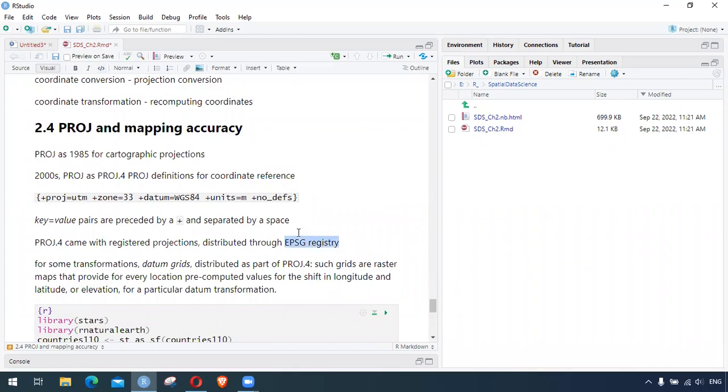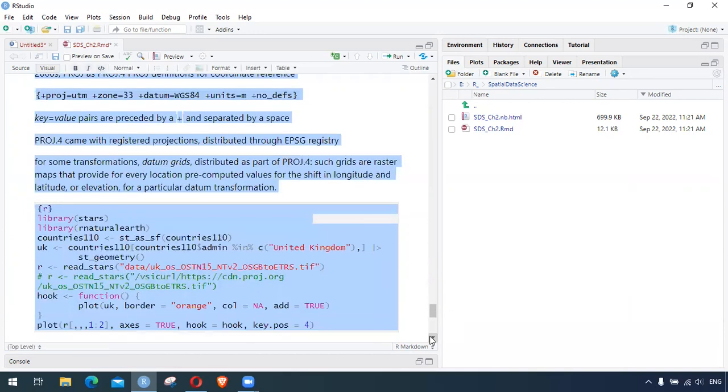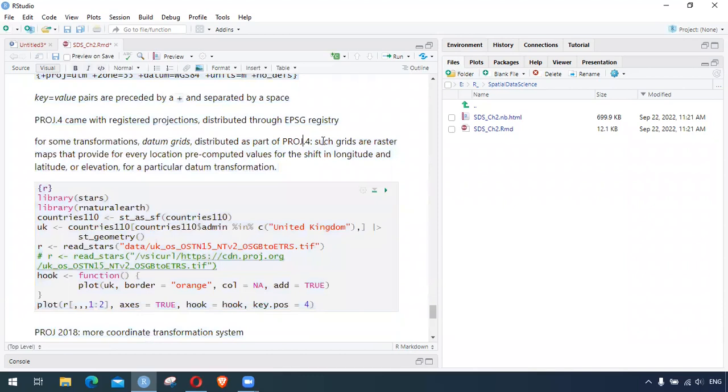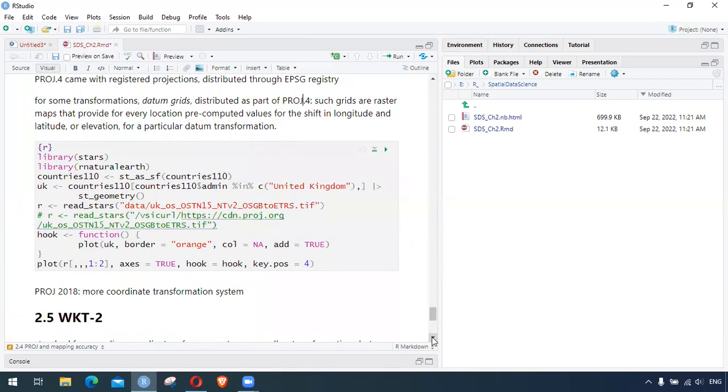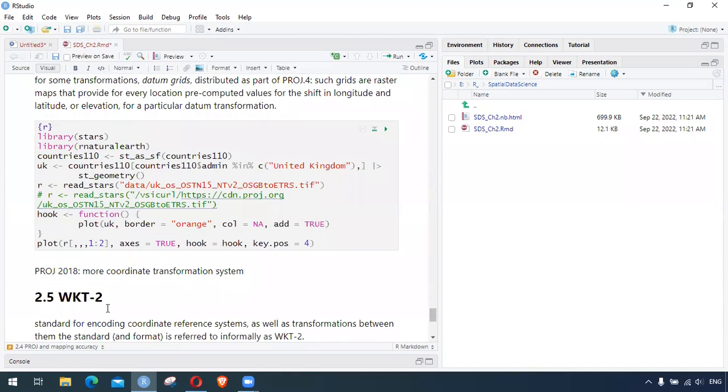And then it started the EPSG registry, and after that we also had the grid for working with raster data. And from 2018 there are more coordinate transformation systems.